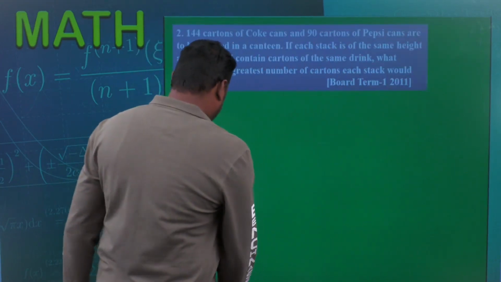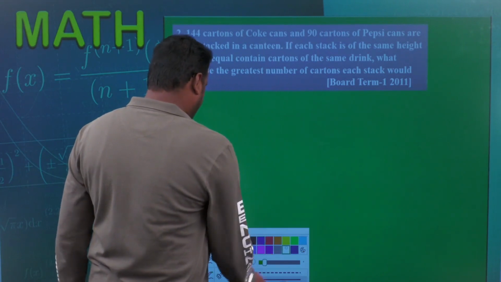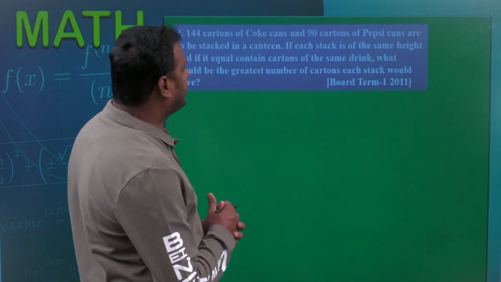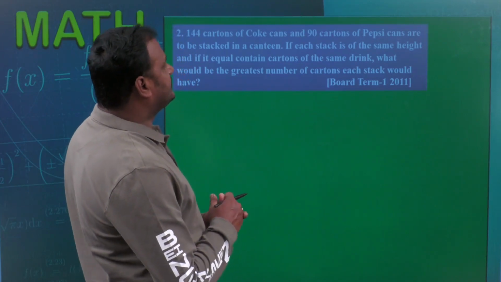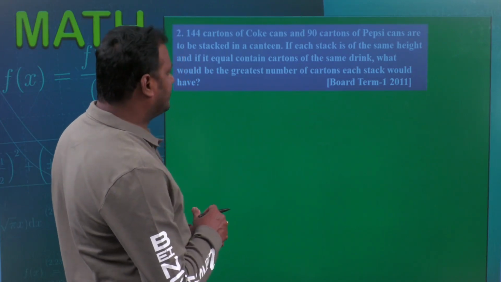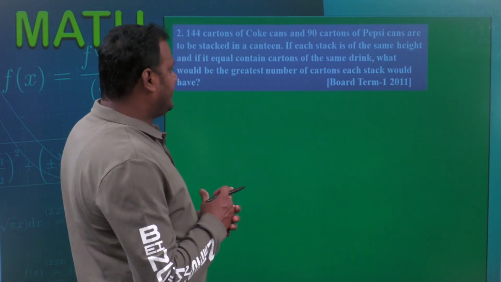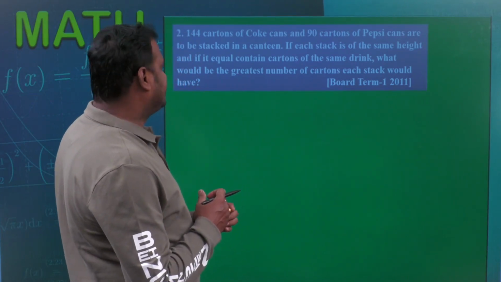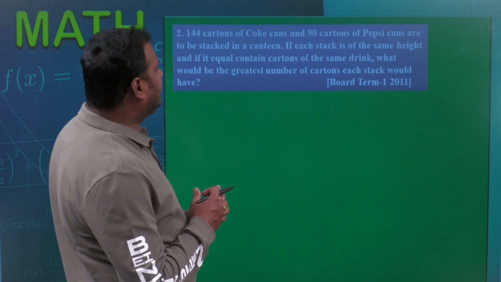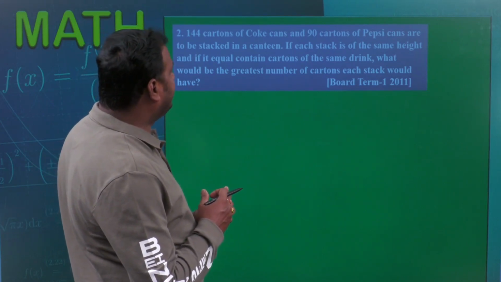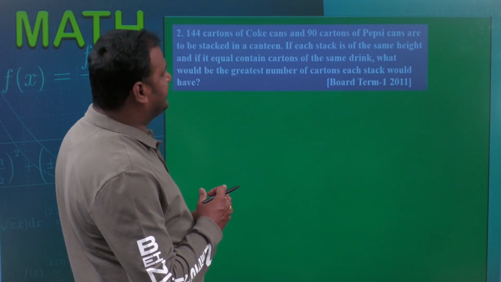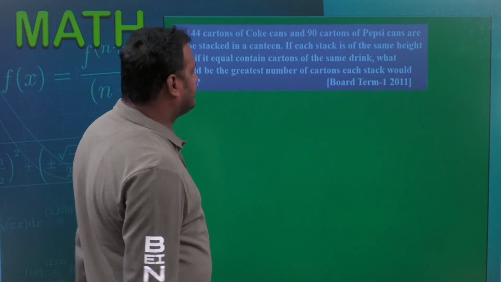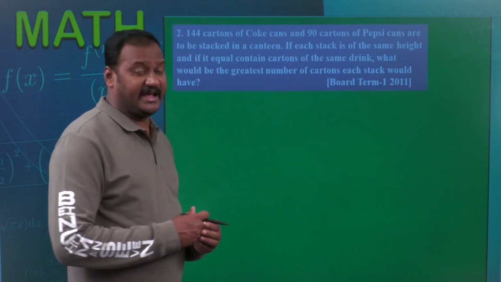Here the next problem is, observe this: 144 cartons of Coke cans and 90 cartons of Pepsi cans are to be stacked in a canteen. If each stack is of the same height and if each contains cartons of the same drink, what would be the greatest number of cartons each stack would have?